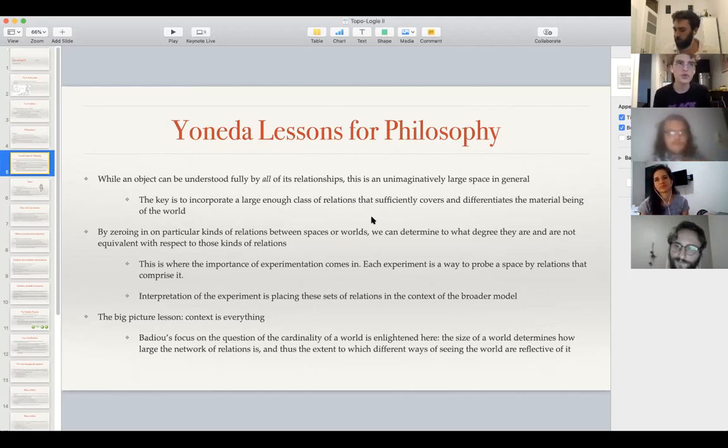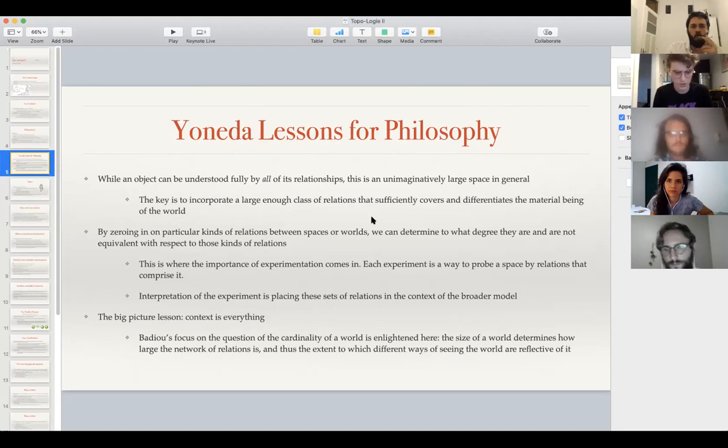Specifically in Badiou's atomic logic, there's a big emphasis on both of these covering and differentiating relations. The covering is: can I cover the space fully with all of the atoms? That's the whole discussion with the transcendental functor.